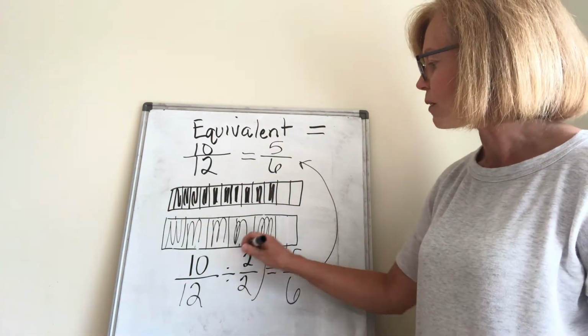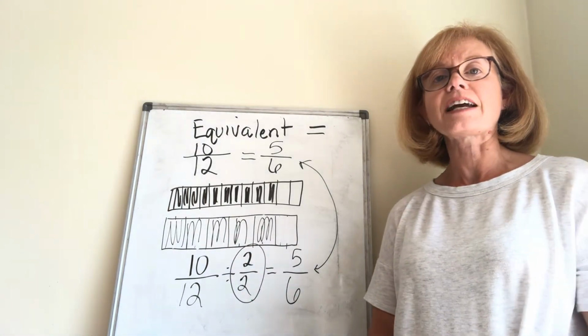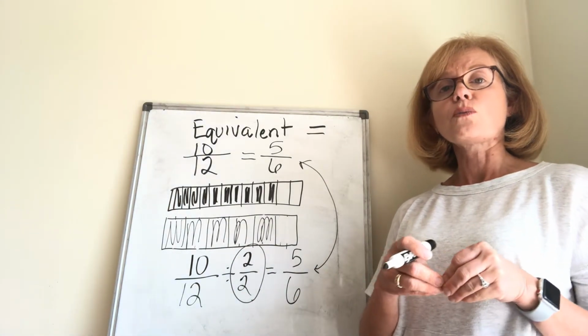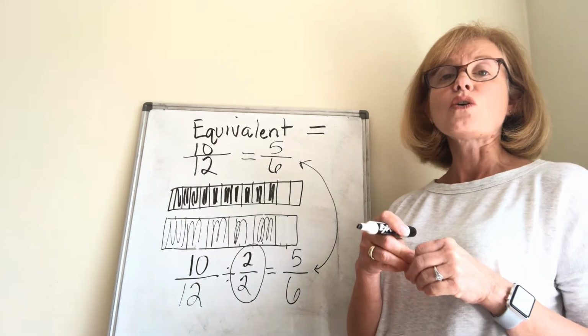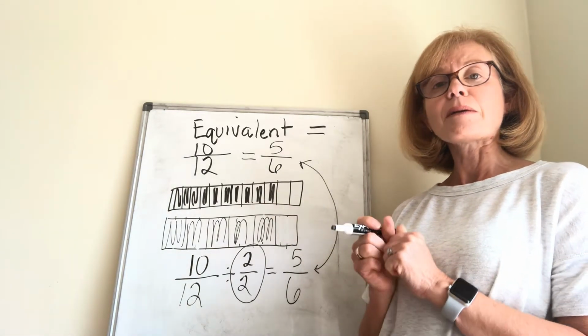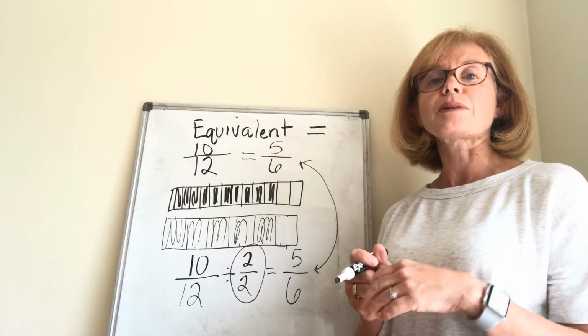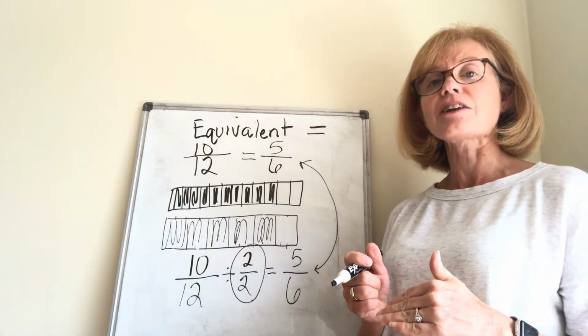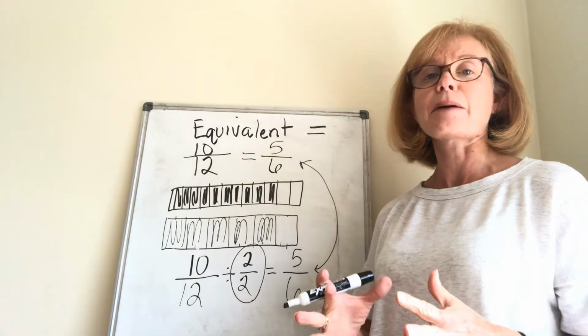Notice, please, like when we did multiplication and we were finding fractions that were equivalent, where the numerator and denominator were a larger number. Remember, our rule for that was we had to multiply the numerator and denominator by the same number.